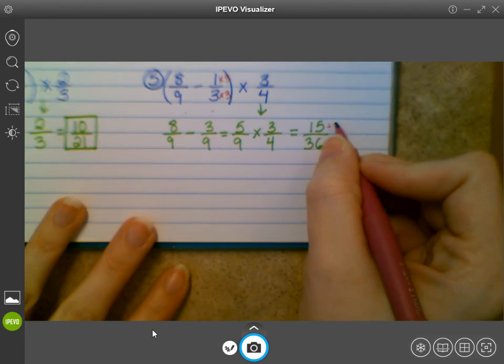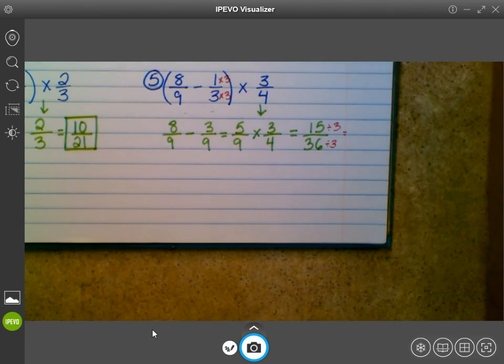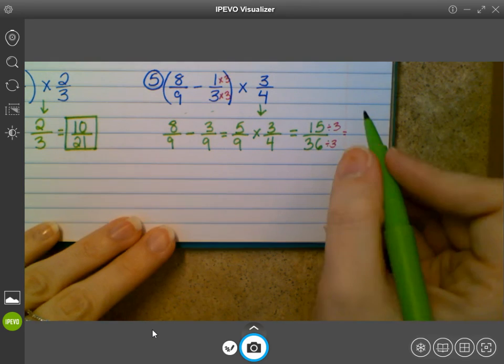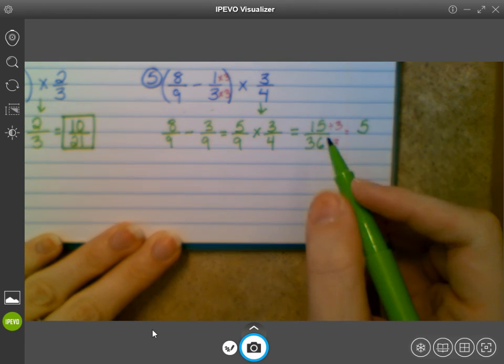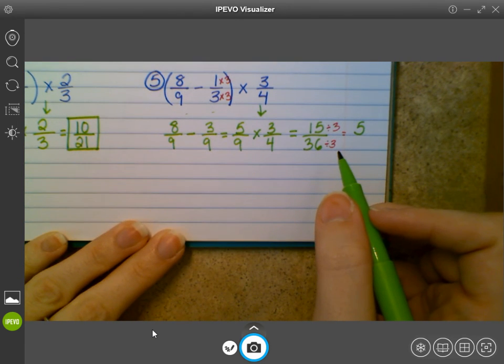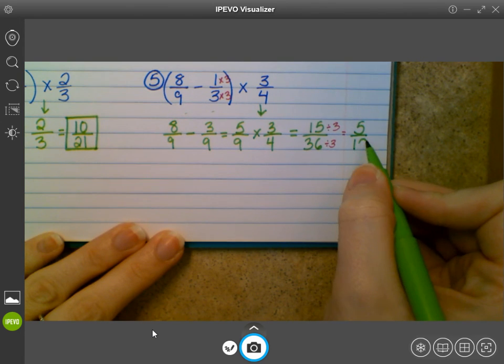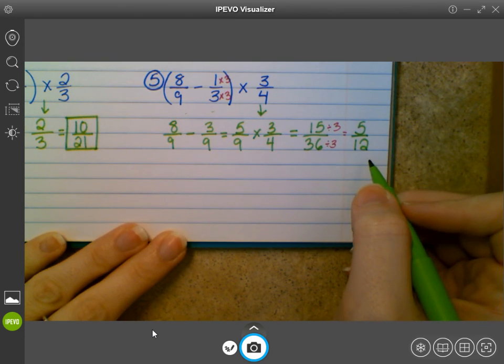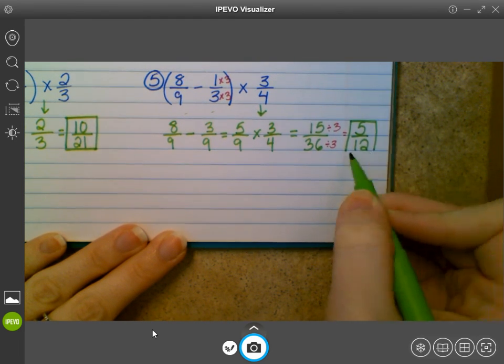So I will divide by 3. 15 divided by 3 is 5, because 5 times 3 gets me 15. Then 36 divided by 3 is what, Zoe? 12. It is 12. Now, can I simplify this anymore? No, I can't. So 5/12 is my answer.